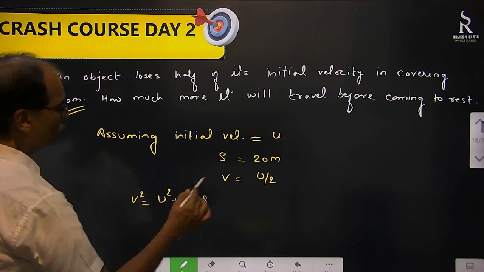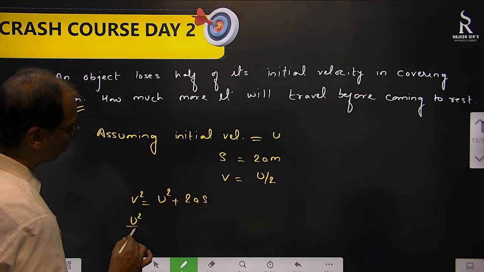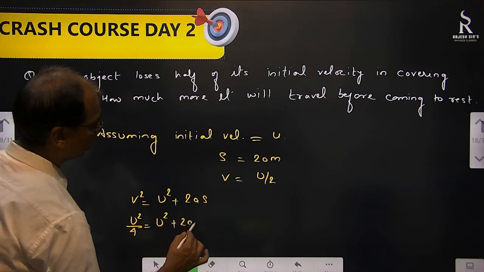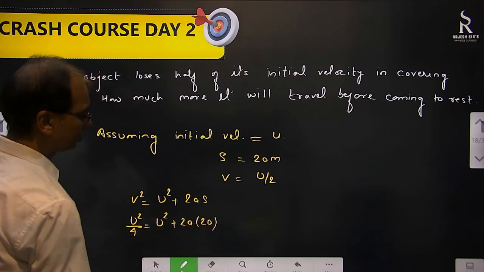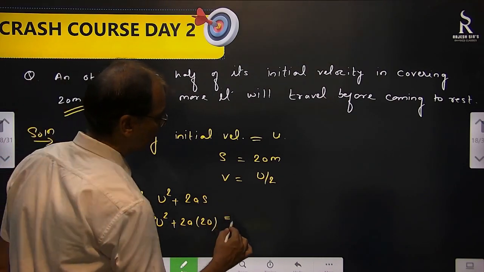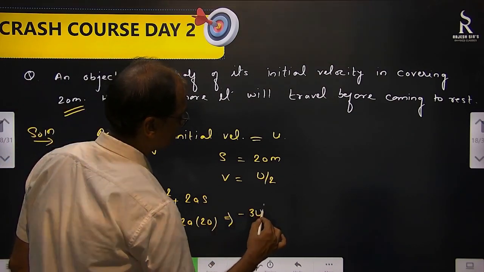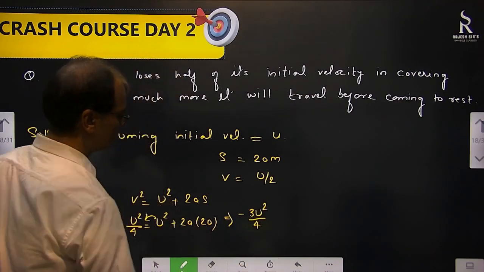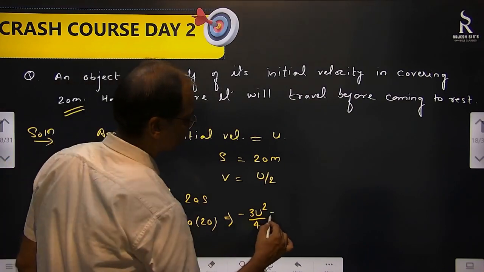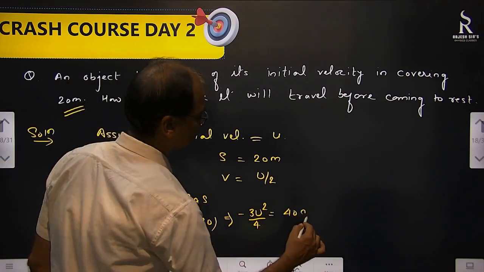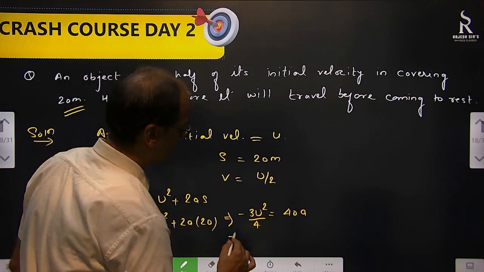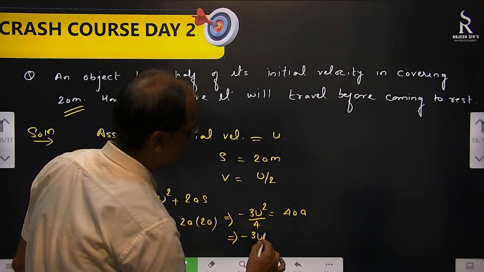What is v? u by 2. So u square by 4 equals u square plus 2a into 20. u square minus u square, that means minus 3u square by 4 equals 40a. So from here I get the acceleration value: minus 3u square by 160.